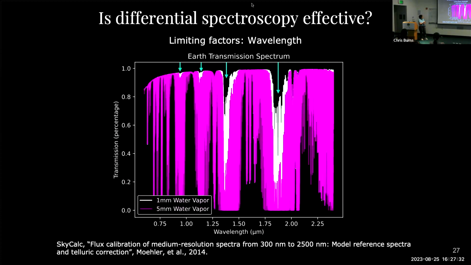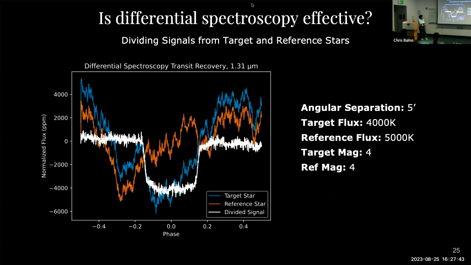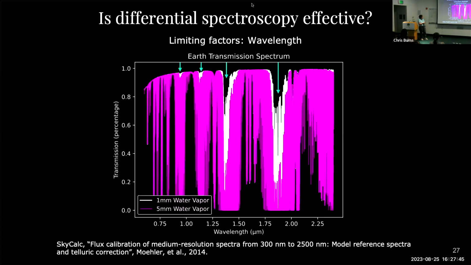And we can see that this band is much shallower than this deeper band here, where we see that 1.9 micron transit. And so we can see that these deeper water bands might be significantly more difficult to observe in because we're less able to remove that effect, because Earth's water vapor will affect observations more strongly.